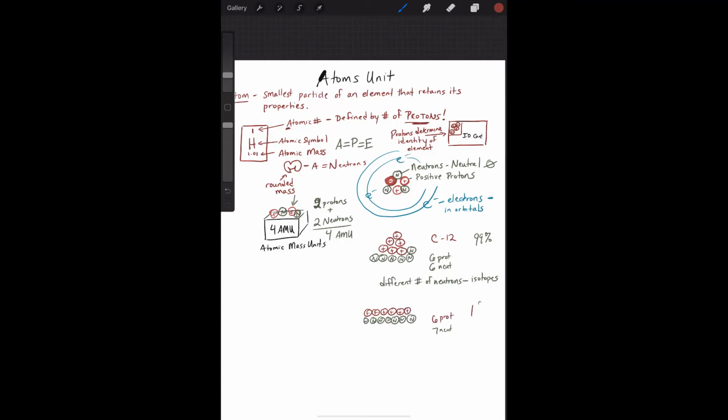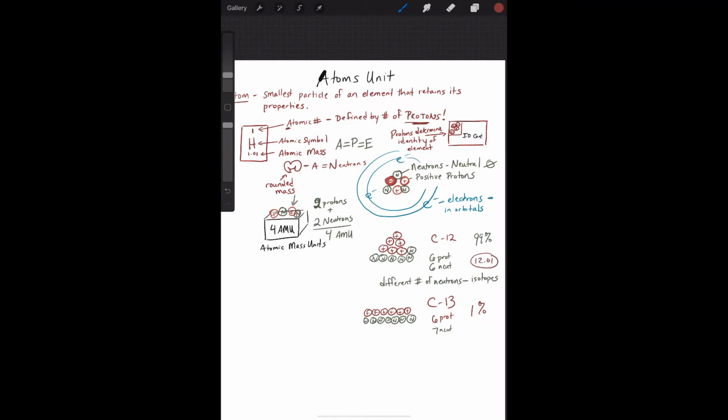This is about 1% of all the carbon in the world. So when we average out 99 12s and 1 13, this is carbon 13, that's where we get that 12.01 mass that you see on the periodic table.